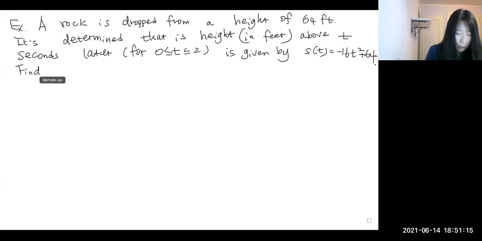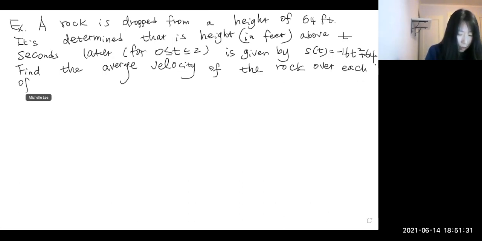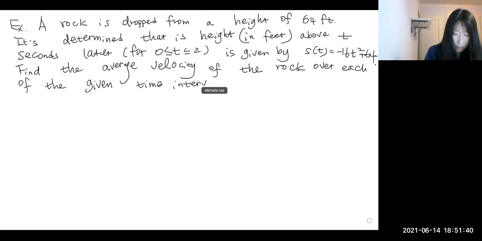Find the average velocity of the rock over each of the given time intervals.